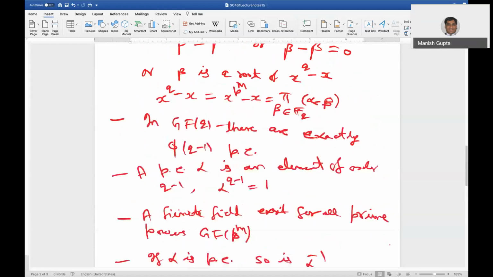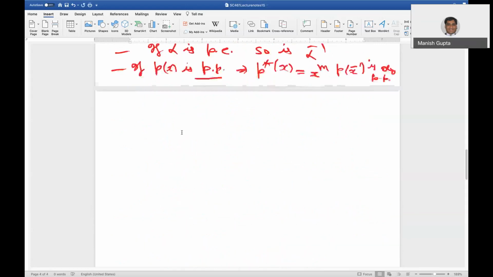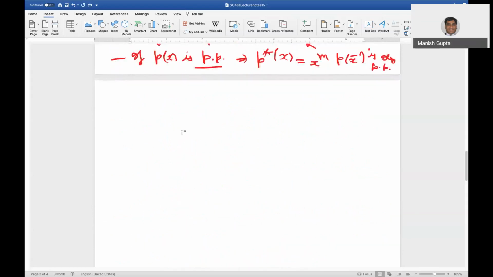And finally, we have another result saying that the number of primitive polynomials of degree m is equal to phi of q minus 1 divided by m.